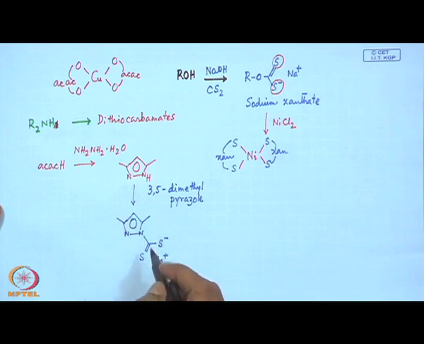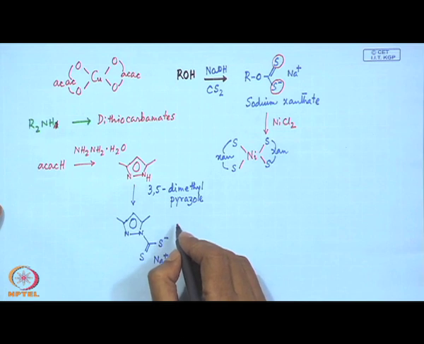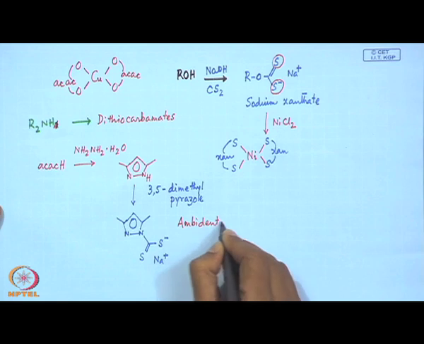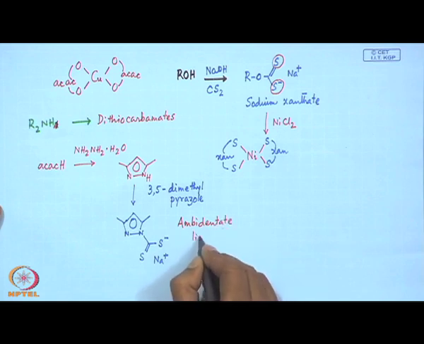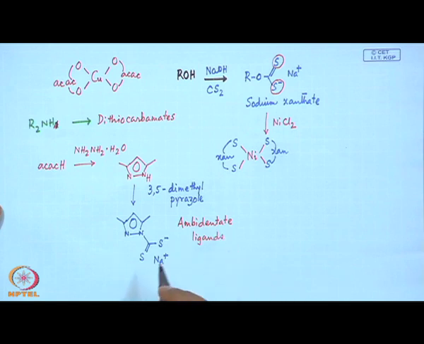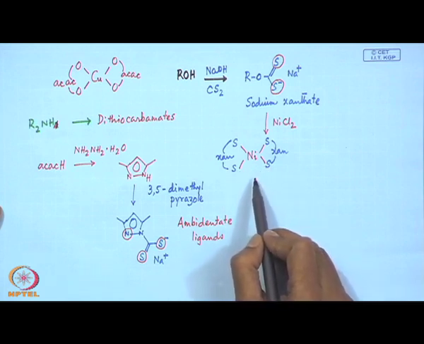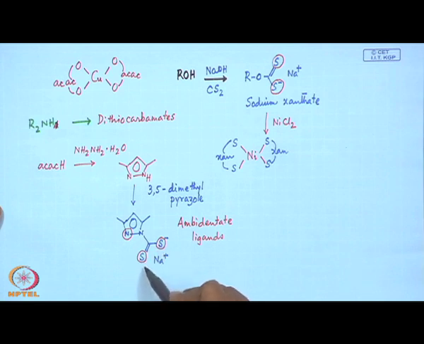So, we now have a 3,5-dimethyl pyrazole based ligand, and for this coordination we will give some examples in our coming classes, which are known as ambidentate ligands, because the donor groups available on this system are N, S, S. The metal complex we get through xanthate is the corresponding sulfur-sulfur coordination.